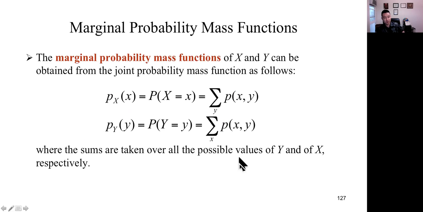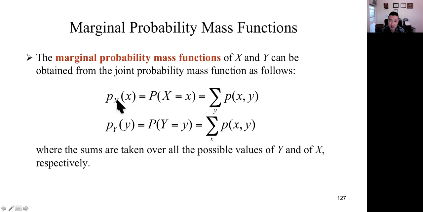Okay, so let's see the definition. The marginal probability mass function of X and Y can be obtained from the joint probability mass function as follows. Pxx equal to P(X equal to small x). When the value of X is fixed, we add all the possible Y values.